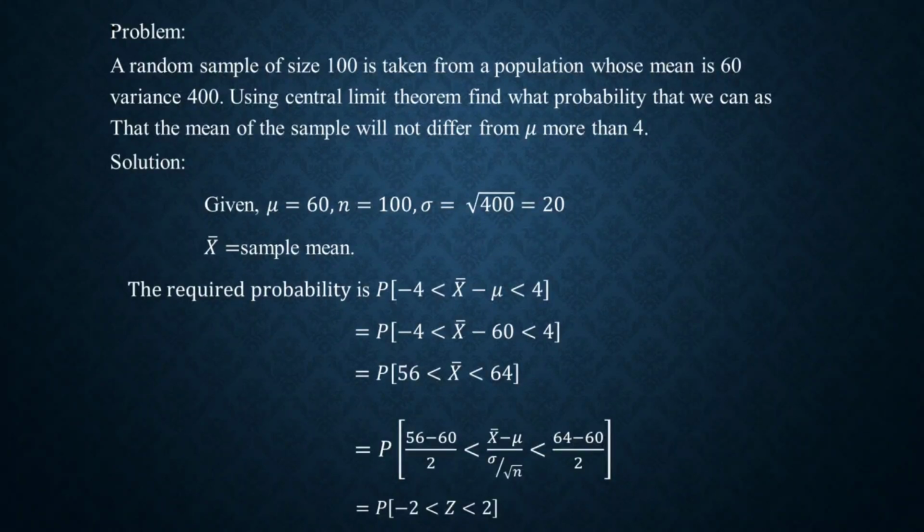Now x bar is the sample mean. So our required probability is P of minus 4 less than x bar minus mu less than 4, which is equal to, here replace mu by 60, P of 56 less than x bar less than 64. Now using the standard normal variate, we have P of (56 minus 60) by 2 less than (x bar minus mu) by (sigma by root n) less than (64 minus 60) by 2, which is equal to P of minus 2 less than Z less than 2.